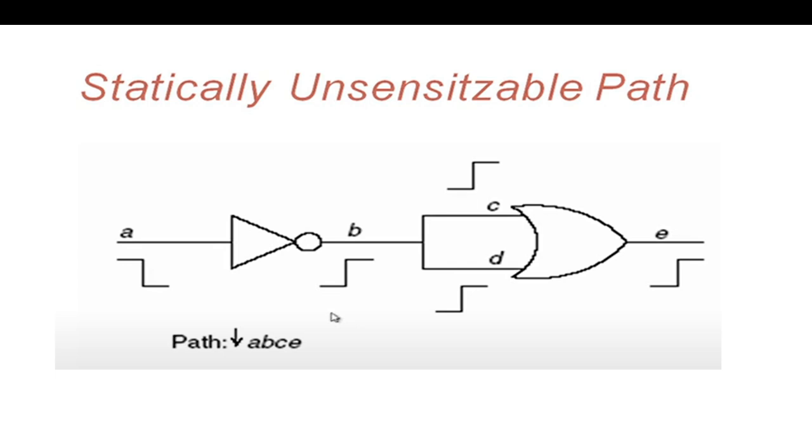If we see that this is a transition, that means if I consider this path, then I should be able to assign this value to some non-controlling value at least for some vector.